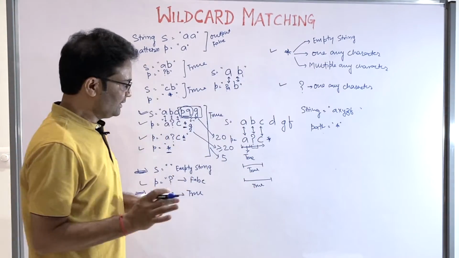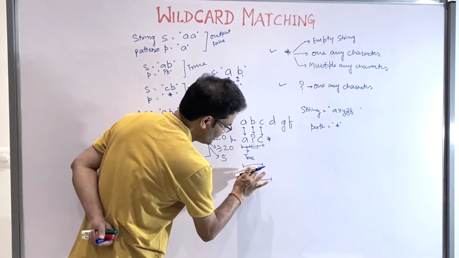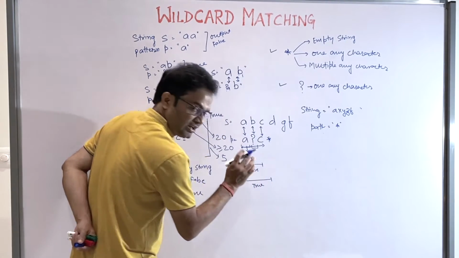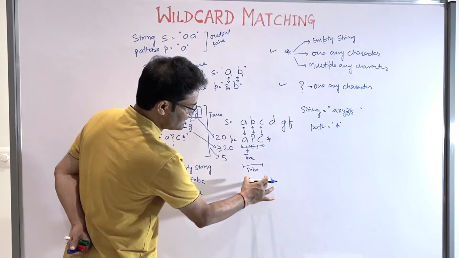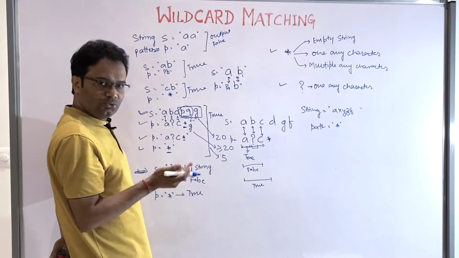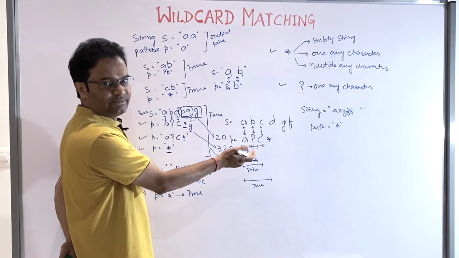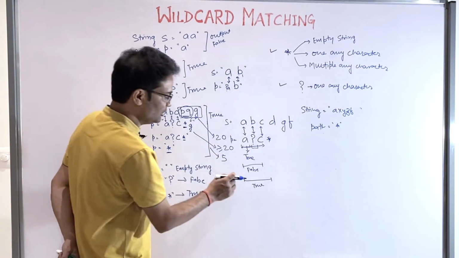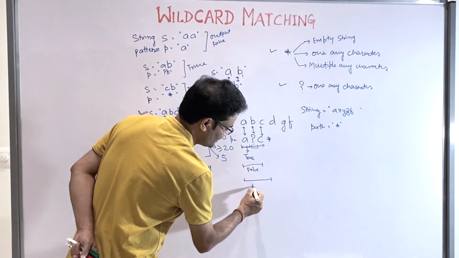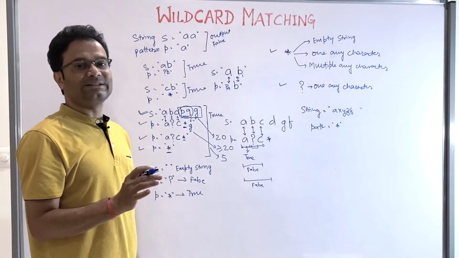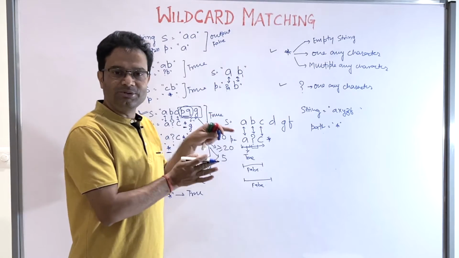But now think, suppose this was false, even though C is matching, can I say true? No, because the previous one is false. Even though C is matching, it will not make it true, it will become false. So the current index matching depends upon the previous one.